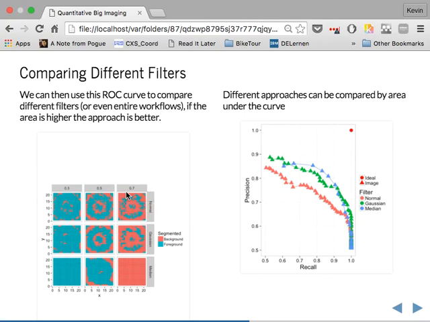With this understanding of the ROC curve, we can take each of these different filters, apply it to our image, and then calculate the ROC curve afterwards. What we see here is the normal image where we have 3 different threshold values. This has been a Gaussian filtered image, and this has been a median filtered image. We can now plot all of these curves, taking a number of different threshold values, and compare them.